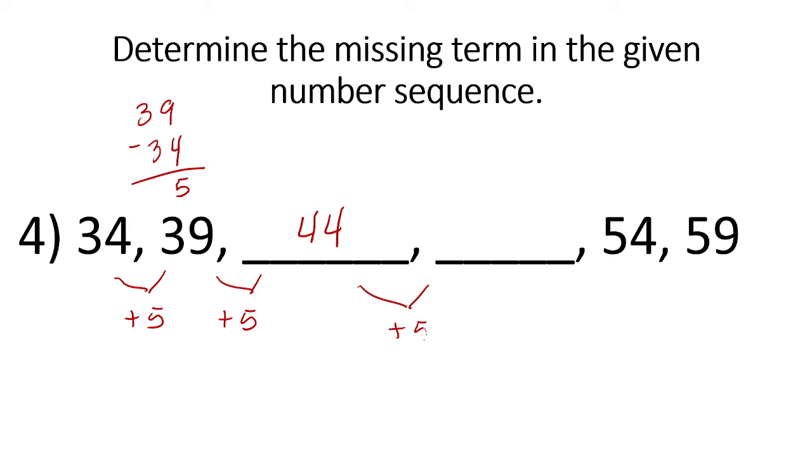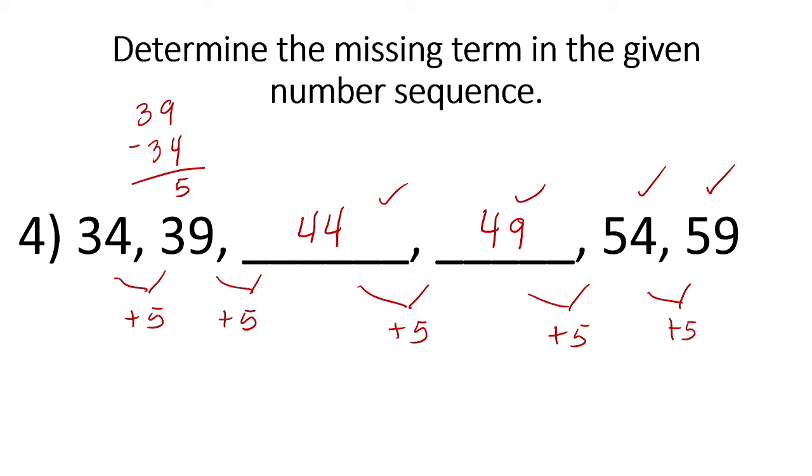Plus 5 ulit is 49. Check natin, ha. Plus 5 is 54. And then plus 5 is 59. So it means tama yung ating sagot, 44 and 49.